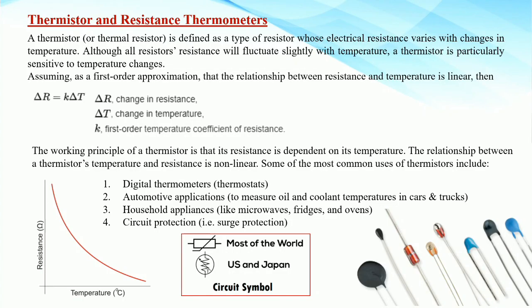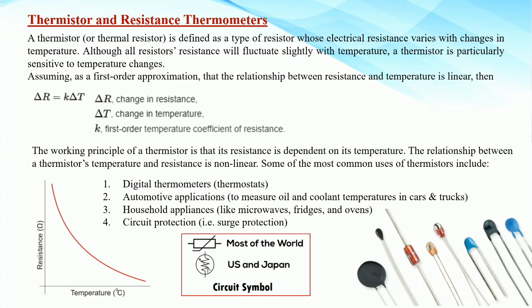Now we are going to talk about the thermistor, or resistance thermometer. A thermistor is a type of resistor whose resistance is dependent on temperature more so than standard resistors. The name is a combination of the words thermal and resistor. Thermistors are widely used as inrush current limiters, temperature sensors, self-resetting overcurrent protectors, and self-regulating heating elements.